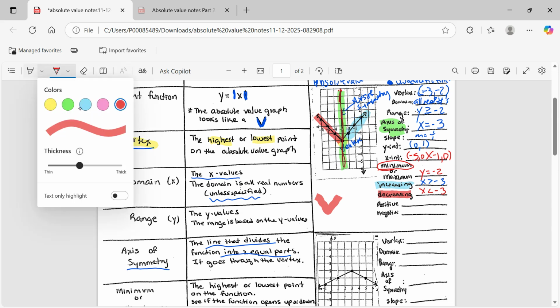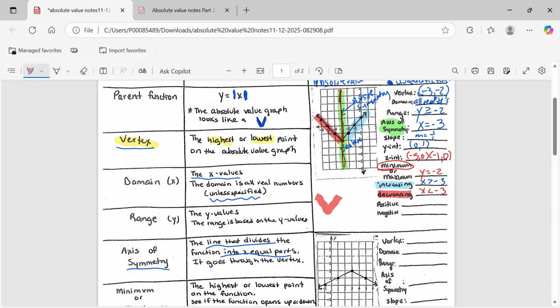This is going to be positive. Let's get another color for positive. It's going to be positive anywhere above the x-axis here, right? Because that's where y is greater than 0. This is why your y is positive. Your y is positive on the top.